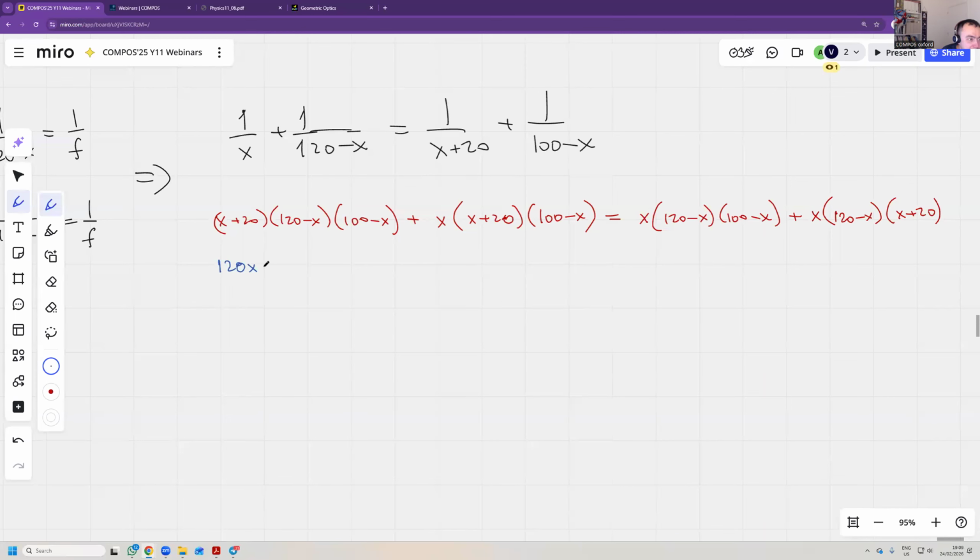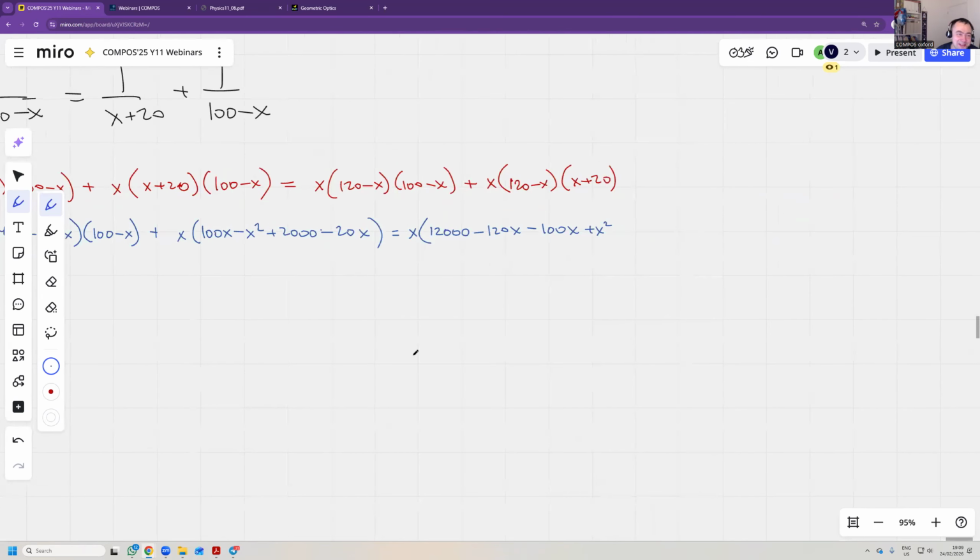120x minus x squared plus 2400 minus 20x, multiplied by 100 minus x, plus x times 100x minus x squared plus 2000 minus 20x, equals x times 12,000 minus 120x minus 100x plus x squared.